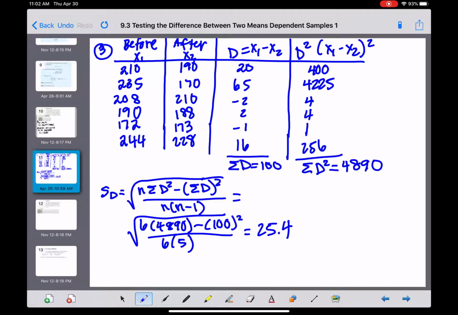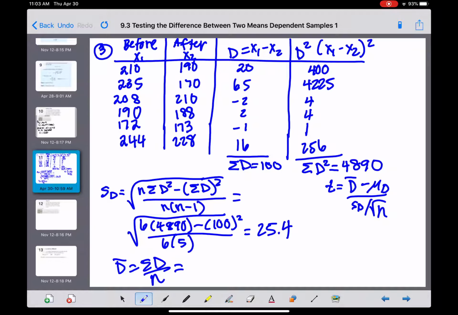Now we need to find D bar. So for our test statistic, let's write that down. Our test statistic is t equals D bar minus mu sub D over S sub D divided by the square root of n. So D bar is the sum of my D's divided by n, so it's the average.